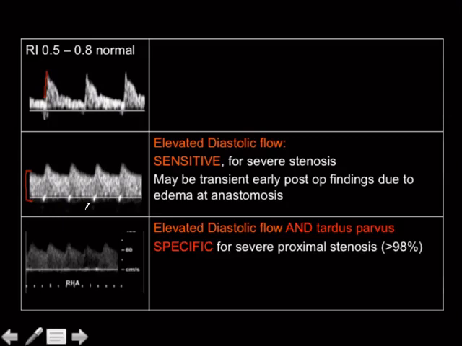That's a very sensitive sign. Remember, early on, though, that can just be from edema. Once you have a blunted upstroke and increased diastolic flow, this is a very specific sign, and I would call stenosis on that.